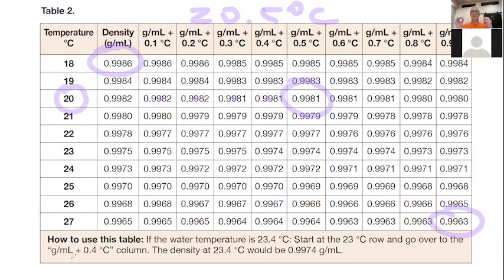And anything we can do, this is one of the ways, anything we can do to reduce the error in our measurements and reduce the error in our experimental design, we should do. This is one of them. So basically, we're taking into consideration what the actual density of water is, rather than just assuming it's 1 gram per mil.